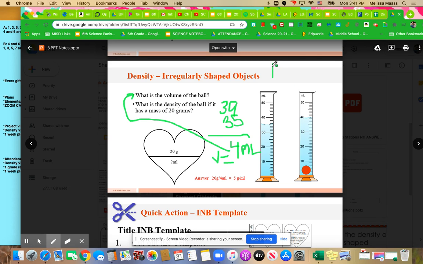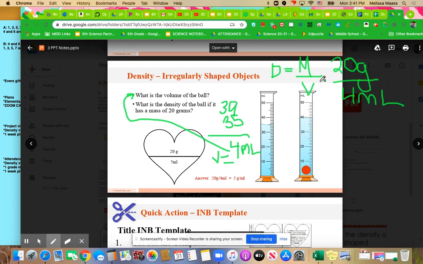Remember, density is mass over volume, okay? So what is the density of a ball if it has a mass of 20 grams? So remember they gave us 20 grams. So we know that grams is mass, so we can plug that in, okay? Then we know the volume we just found is 4, right? 4 milliliters.